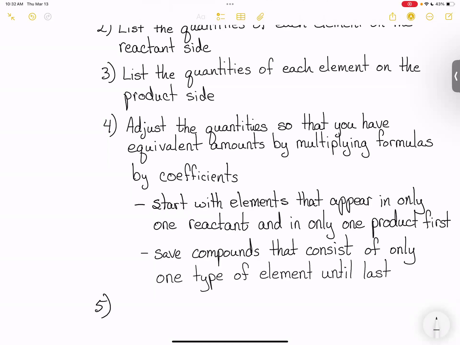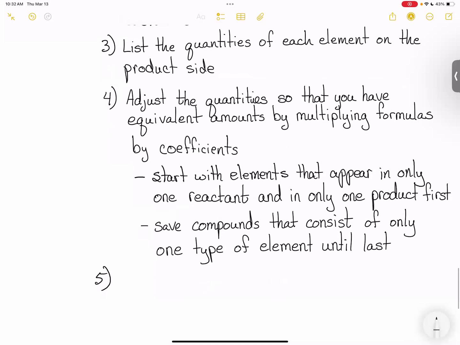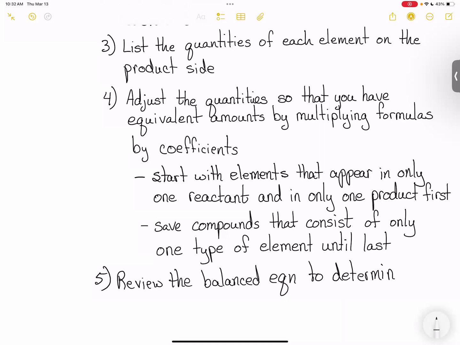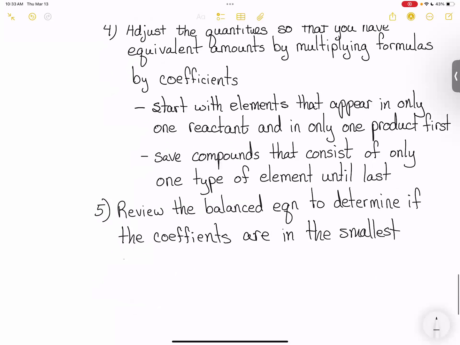Step number 5 is to review the balanced equation to determine if the coefficients are in the smallest whole number ratio possible.